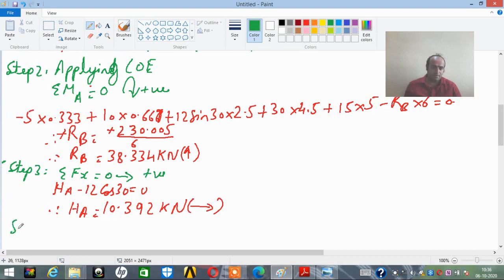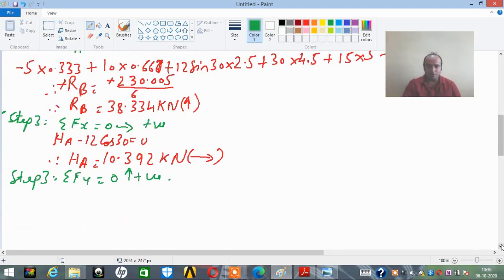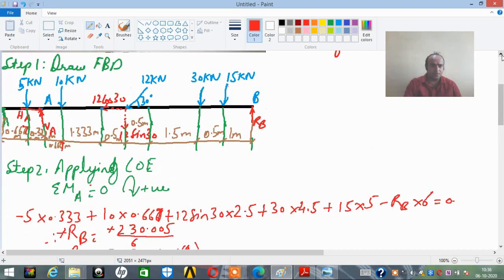Now step number 3, that is summation Fy is equal to 0, acting in upward sense as positive. Let's get the value of VA now. So now it will be one by one. Let's see the diagram and then write the equation.